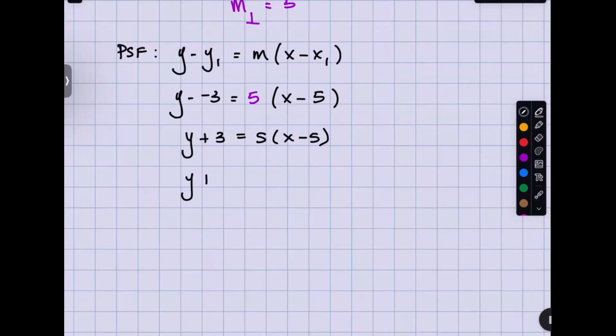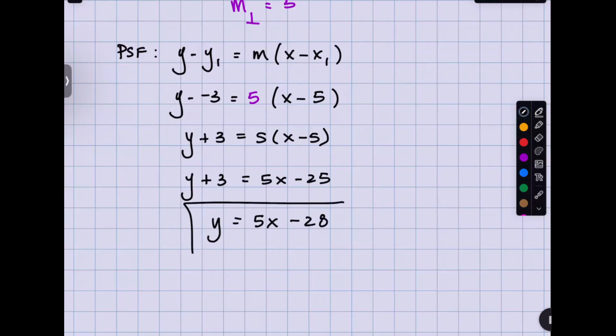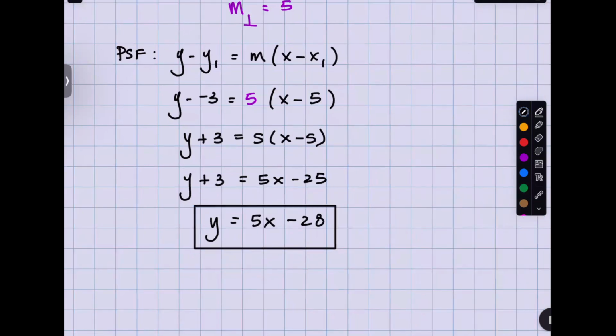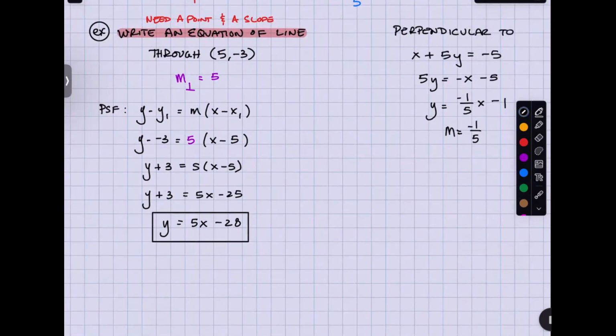So y plus 3 equals 5x minus 25. So y is equal to 5x minus 28. Is that right? Does that make sense?